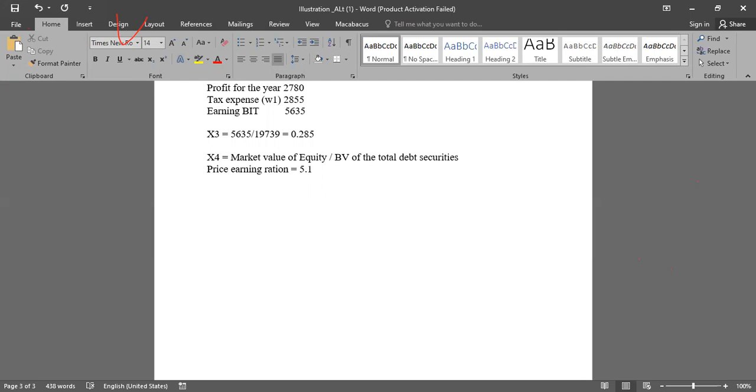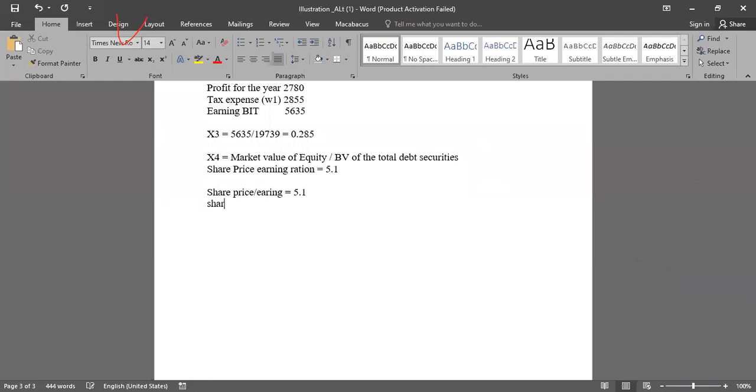So it's actually share price per earnings ratio. As you can hear the word, it means that share price is up, divided by earnings, and this should give me 5.1.